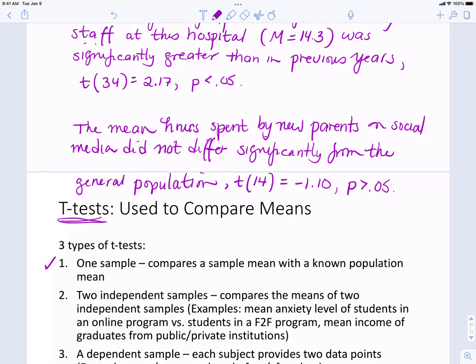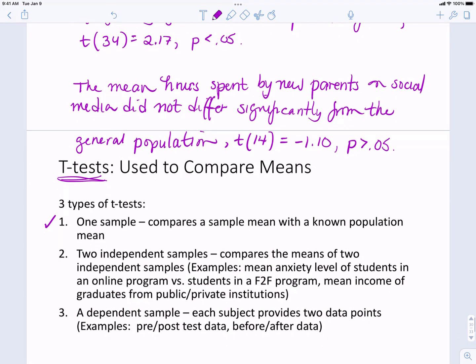Those 1 sample t-tests are not seen very often in research, but we had to start there because it's the simplest kind of t-test there is. More often, you see t-tests from 2 independent samples, which compares the means of 2 independent samples. So for example, the mean anxiety levels of students in an online program versus students in a face-to-face program.